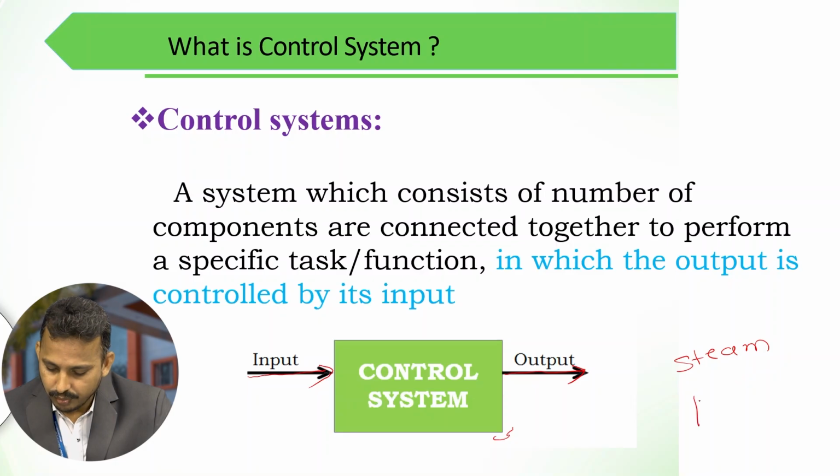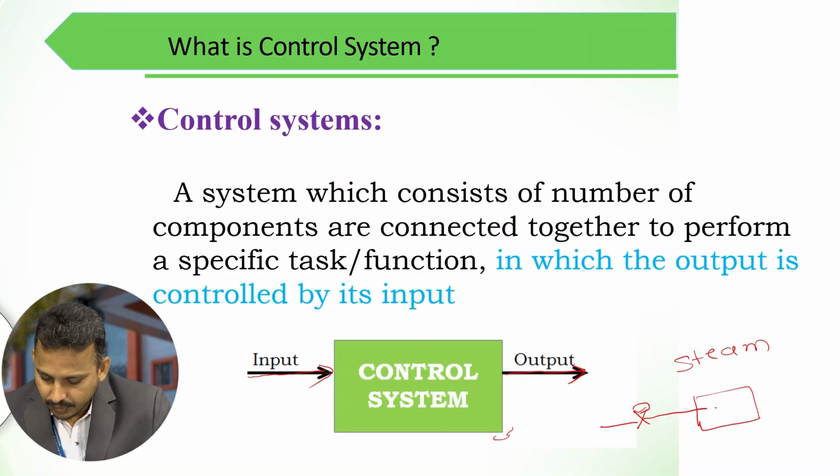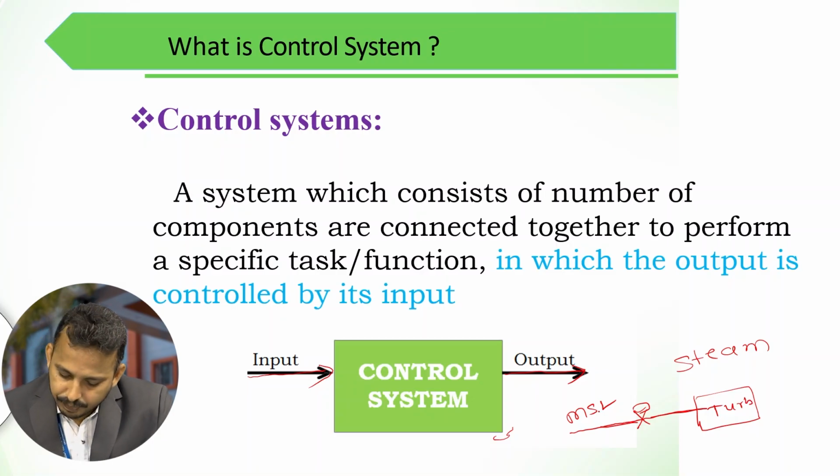I have to use speed governing valves, and this is a turbine, and this is the main steam line. The steam will flow like this through a governing valve, and we will supply the steam to the turbine.